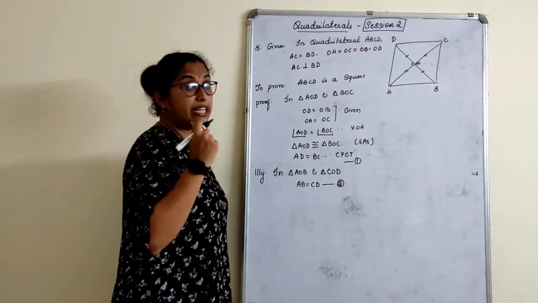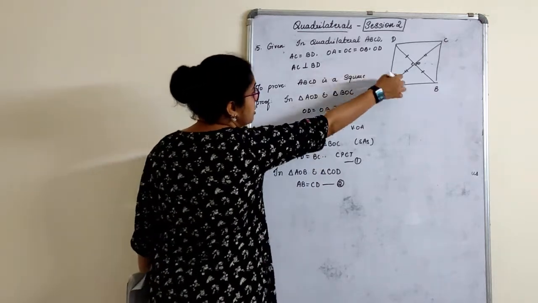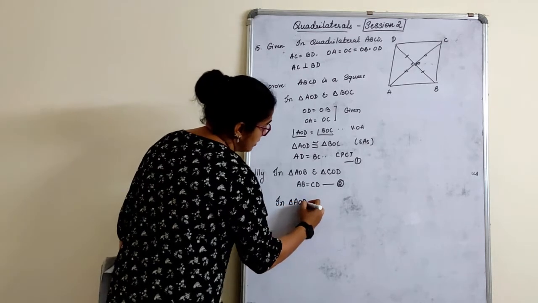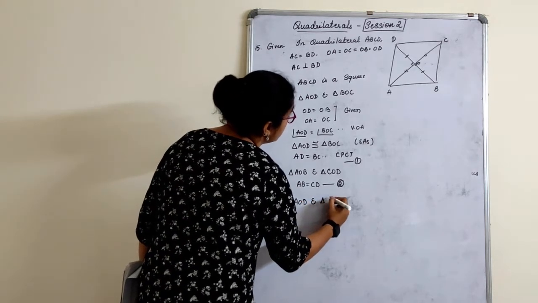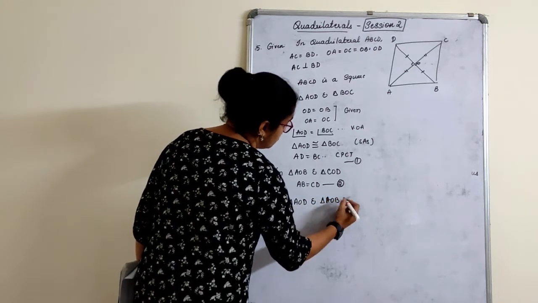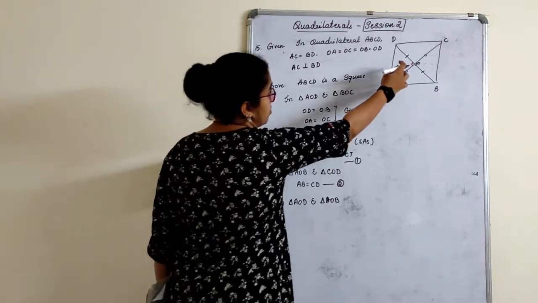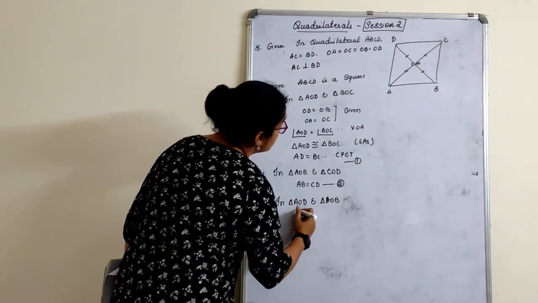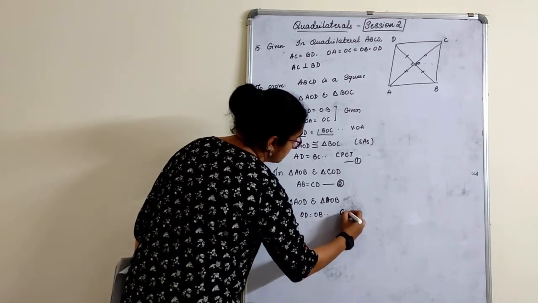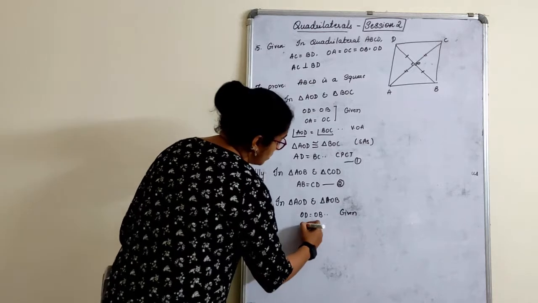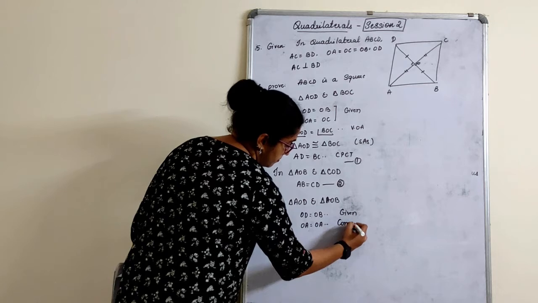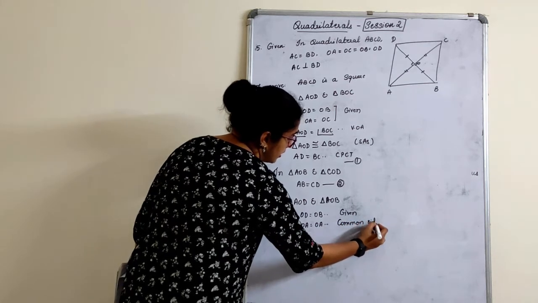Now I will choose one adjacent pair of triangles. Now I will choose these two. In triangle AOD and triangle AOB. So OD is equal to OB, given. OA is equal to OA, common side. Then they bisect at 90 degrees.